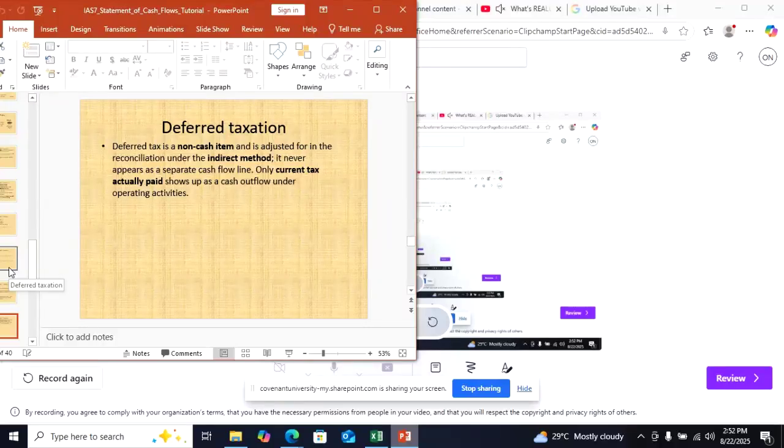But before we see those more examples, let us note that deferred tax is a non-cash item, and we need to adjust for it when reconciling under the indirect method. Deferred tax is not a separate cash flow item. So only the current tax actually paid is going to be recorded as a cash outflow under operating activities.